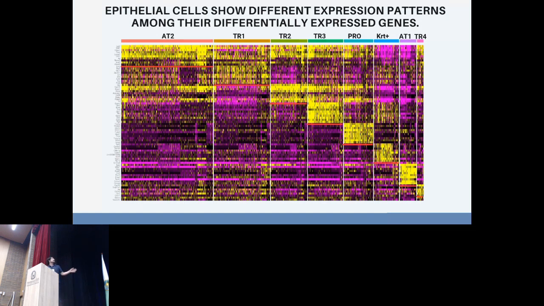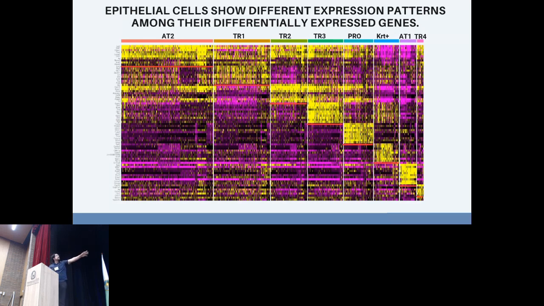What we can see here is that, for example, AT2 is a cluster that has high expression values of the canonical marker genes, such as Lyz2 or the surfactant protein genes, which have this intense yellow color at the top.